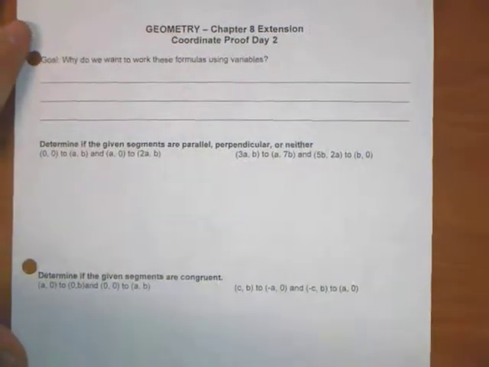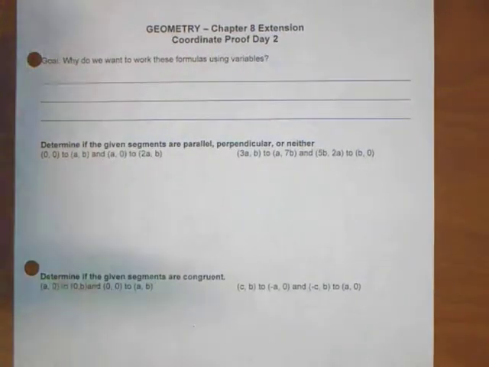Okay, let's remind ourselves what we're actually trying to get accomplished in this extension. Why do we want to use these formulas that have variables and not specific numbers? Because, again, we talked about it yesterday. Why we don't want to do that?